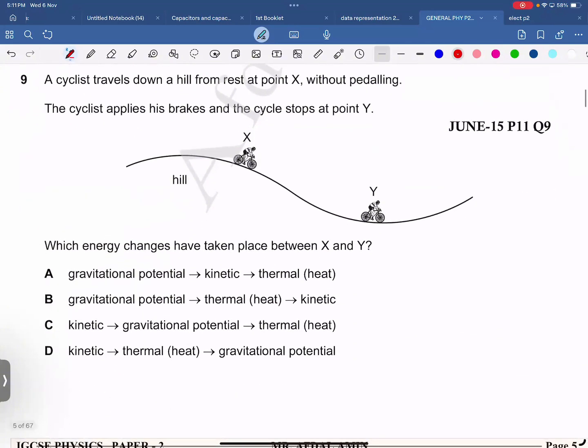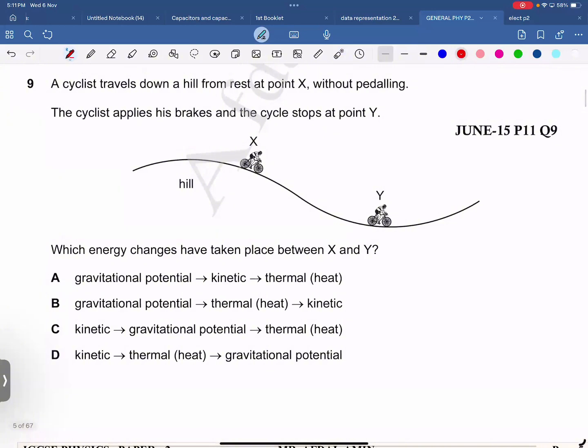Question number 9. A cyclist travels down a hill from rest at point X. So you are coming from point X, this one, yeah? You come down. The cyclist applies the brakes to stop. So when you apply the brake, you slow down. First of all, when you are at height, you have GPE. When you move, you have kinetic.